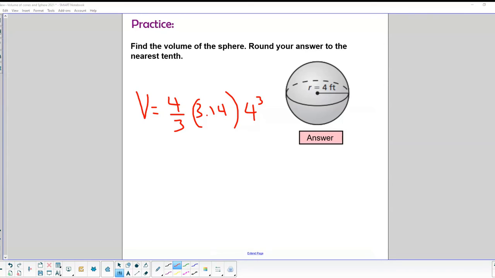Times that by 3.14. And then times that by 4 times 4 times 4. And so we end up with 264.5 feet cubed. Remember, these are all cubic units.